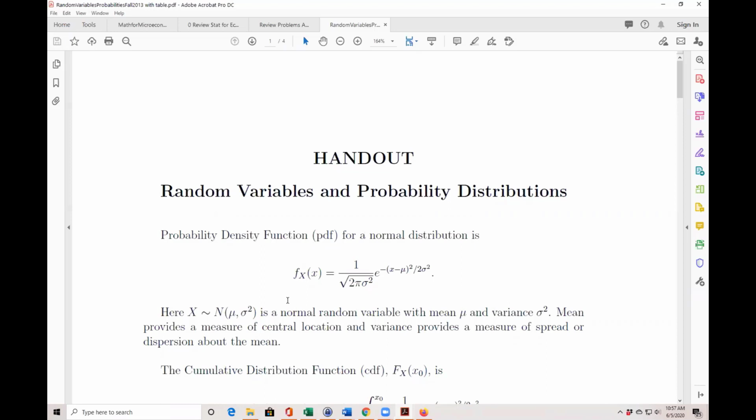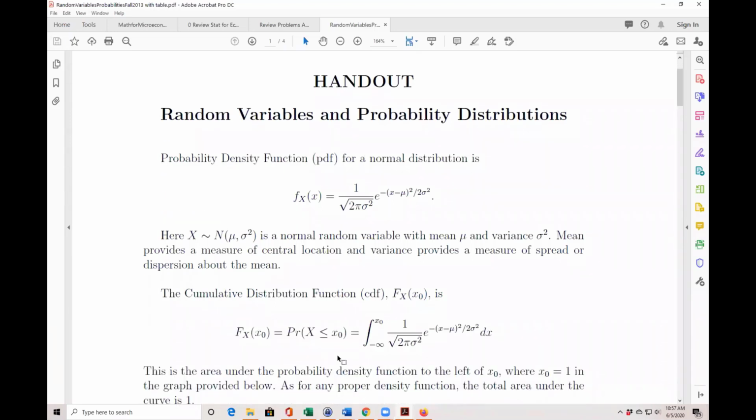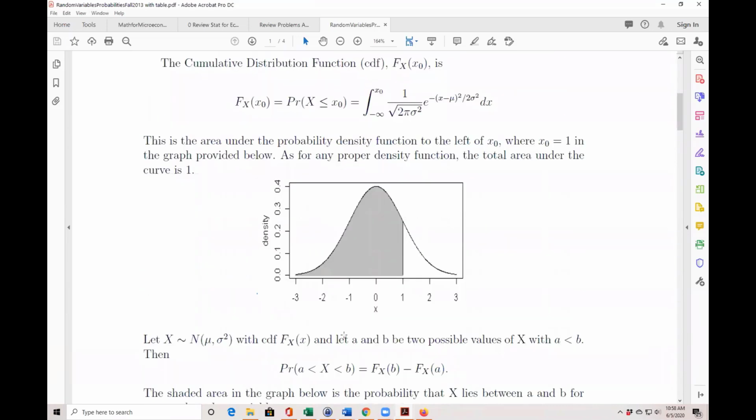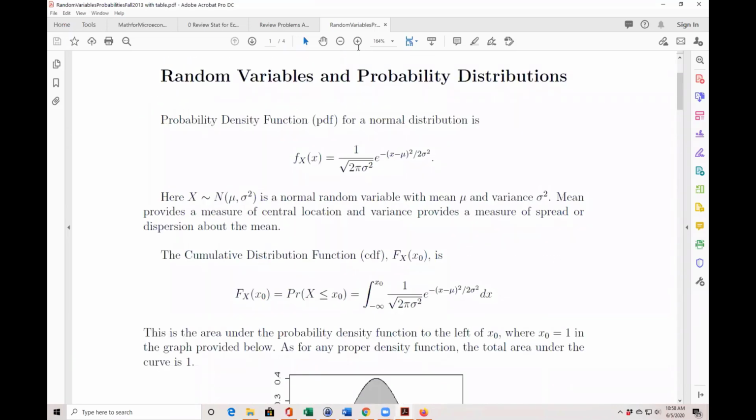I don't expect that you'll ever be asked to memorize this equation, but knowing about it and deriving some other concepts from it is important, because especially in your simulation class in the springtime, you'll be analyzing results of densities, and you'll either look at them in the density form or you'll look at them in the distribution function form, and these are like different ways to view the same information. So that's something to read on stat.